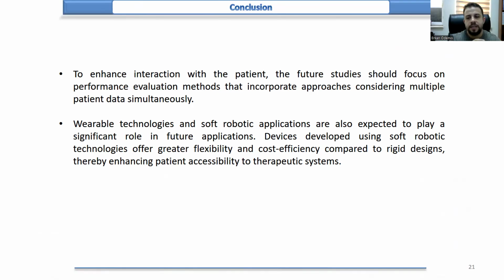In addition, the rapid advancement of wearable technologies offers significant convenience for home-based rehabilitation, enabling treatment to extend beyond the clinical environment. This development presents a promising solution to the growing demand for remote healthcare services, especially in the aftermath of the last pandemic.